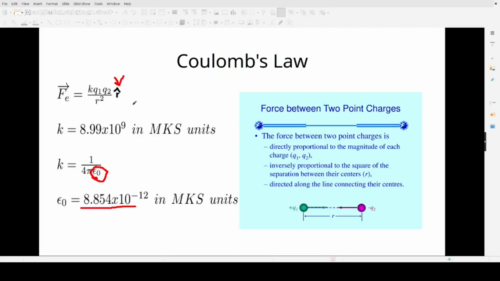Now if you notice, this electrostatic force looks very similar to Newton's law of universal gravitation. They are not the same, but they are both inverse square laws, if you remember this from your mechanics classes.